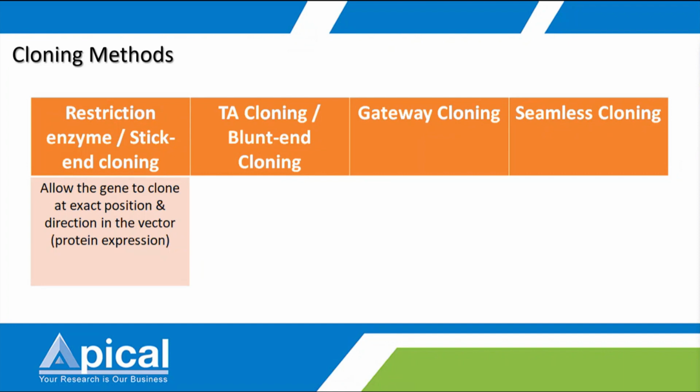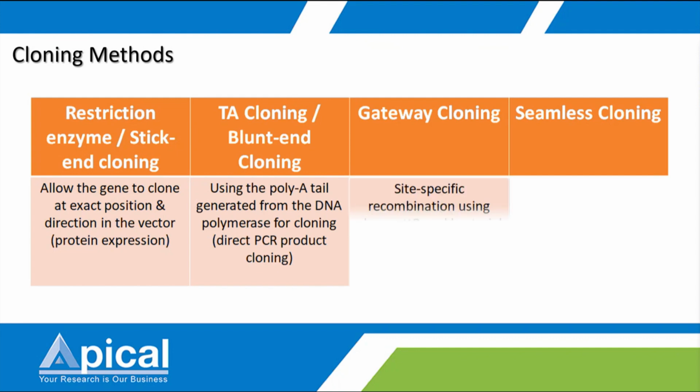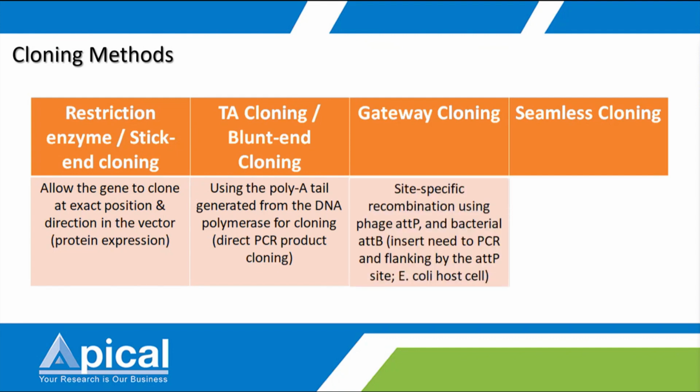And the Gateway cloning is a site-specific recombination system which uses the phage attachment site, the ATTP, and the bacterial attachment site, the ATTB, as a basis for the cloning.